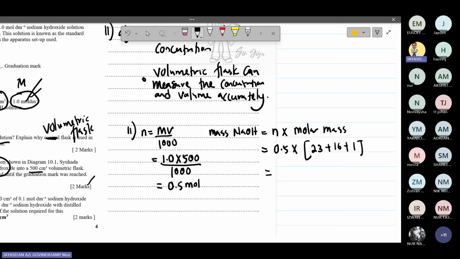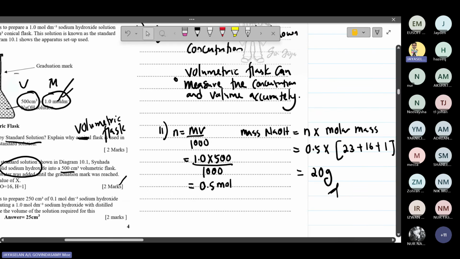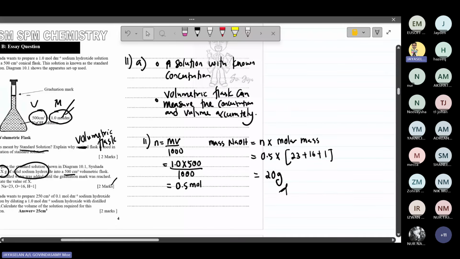So 0.5 times 40. How much do you get? 20, right? So you put here 20 gram. 1 mark. Any question? Okay, copy down this.